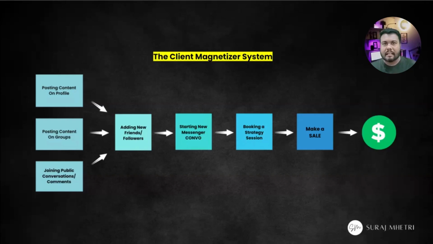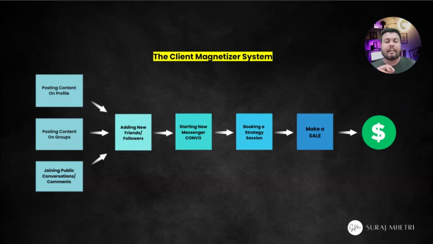To revise it again, this entire system has 5 main steps: creating and posting content on your profile and posting content on the groups and communities that contain your ideal client, and having public conversations with them inside the comment sections and the posts. Next is adding people into your friend list who interact with you in the posts and comments. Then starting private conversations in Messenger or DMs with those new friends.